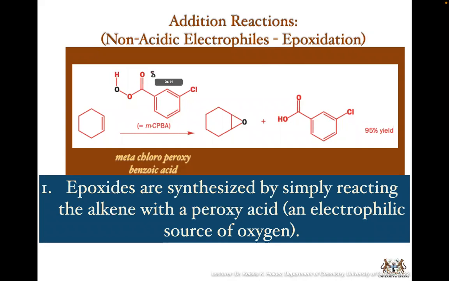So we know that in a carbonyl, that would be comprised of a carbon-oxygen double bond. And since oxygen is more electronegative than carbon, it's going to carry a delta minus.